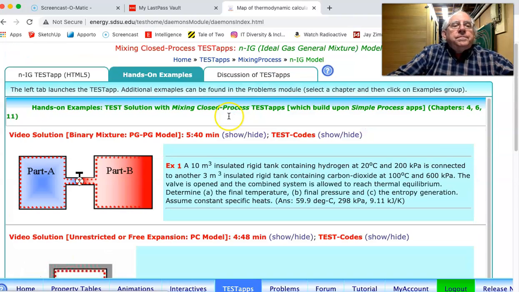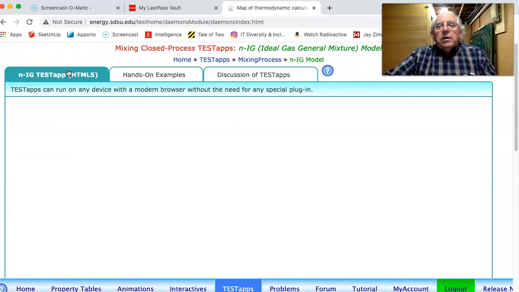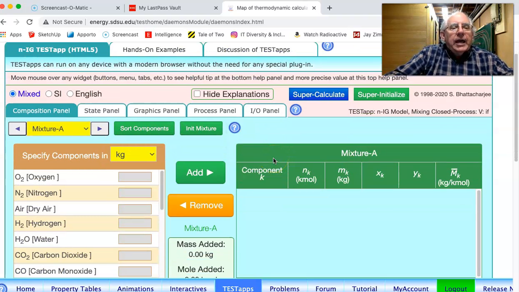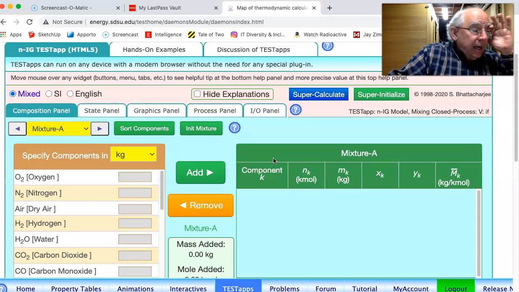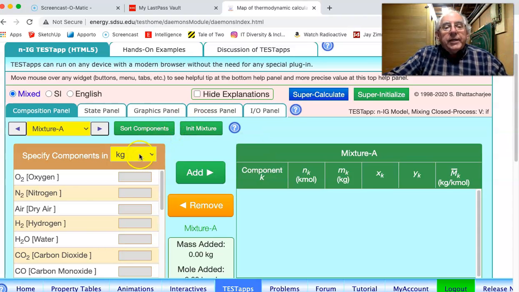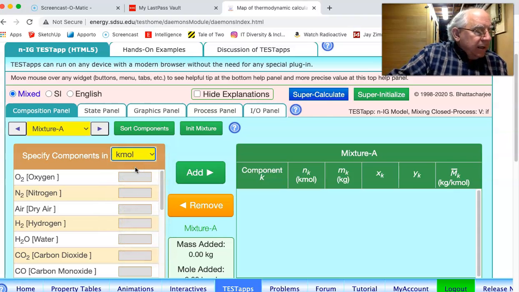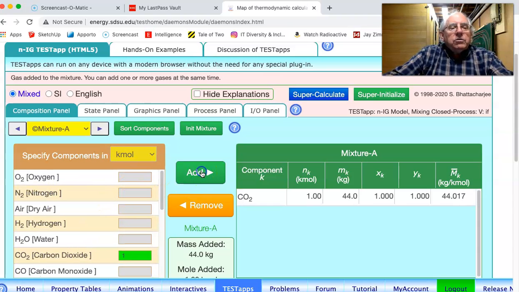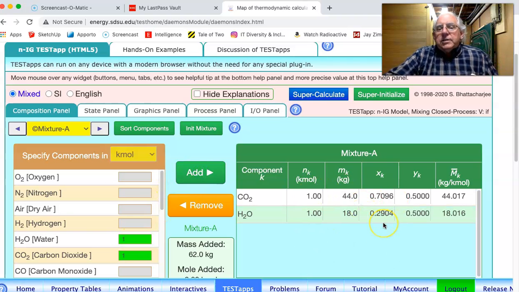The first thing we have to do is specify mixture A, which is on an equal molar basis. So when I select molar here, we can say CO2 and H2O. We have 1 mole of CO2 and 1 mole of H2O, and that gives us our molar ratios associated with CO2 and H2O.